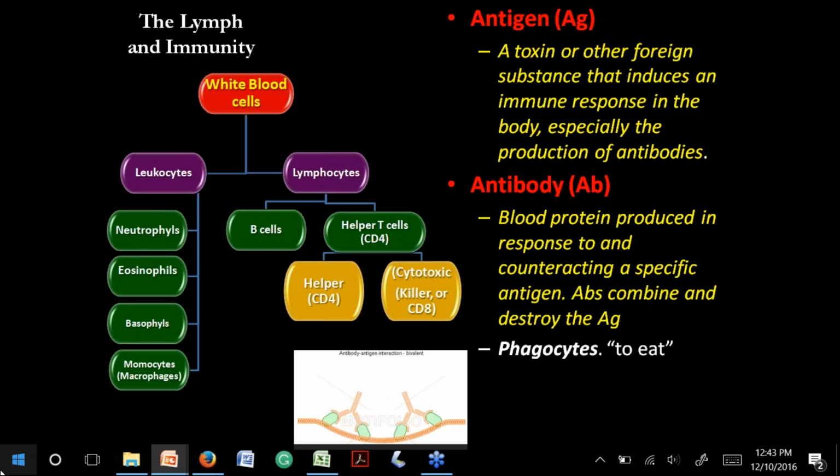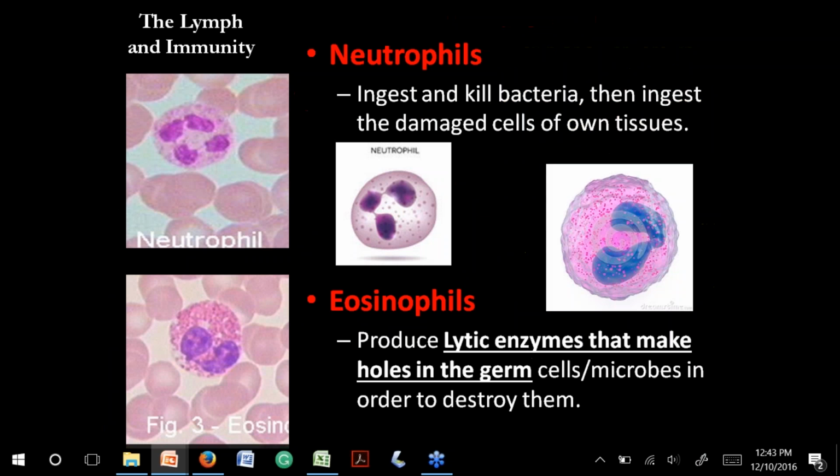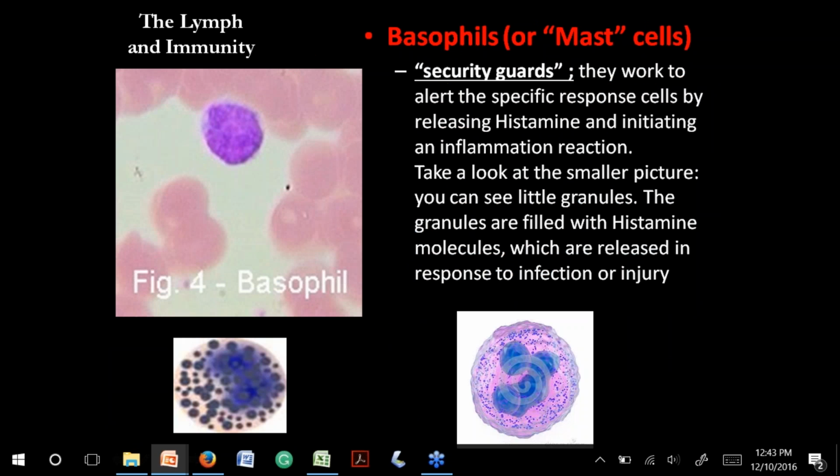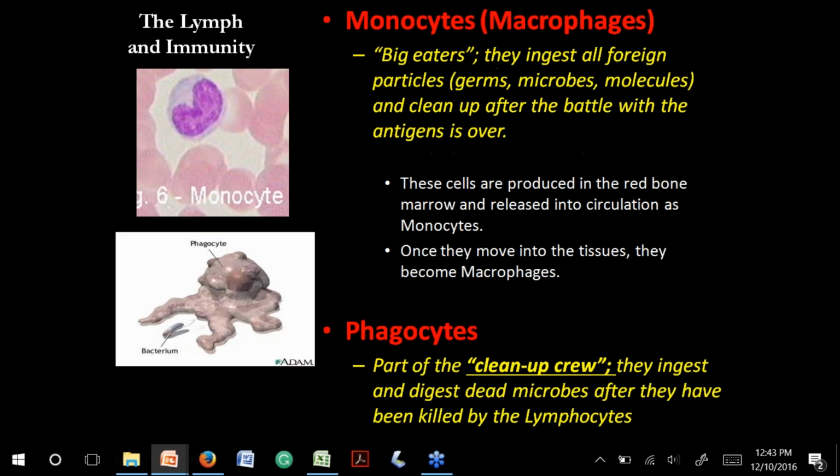We have the phagocytes that are the macrophages, the monocytes, and the neutrophils. Those are the phagocytes, sorry. All right, so we're talking about that. Security guard, the basophils, who produce histamine, right? Histamine.